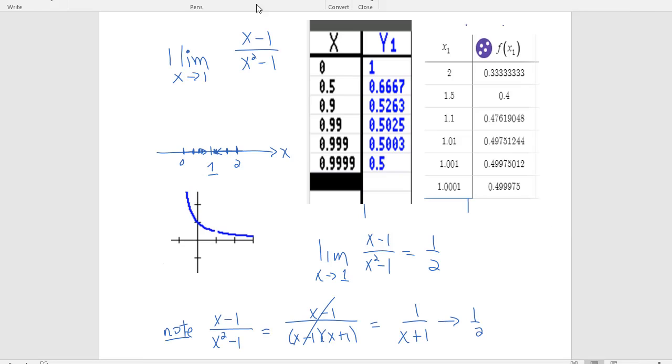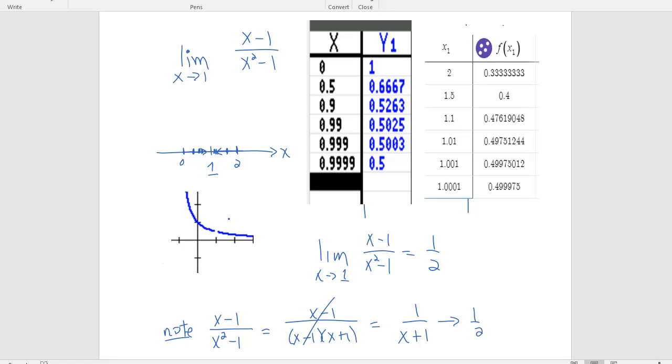Bringing up that last example, before we officially discussed left-handed and right-handed limits, we had explored this expression, this limit, x minus 1 over x squared minus 1. We approached 1 from the left in a table, we approached 1 from the right in a table, and then we saw graphically what that looked like.